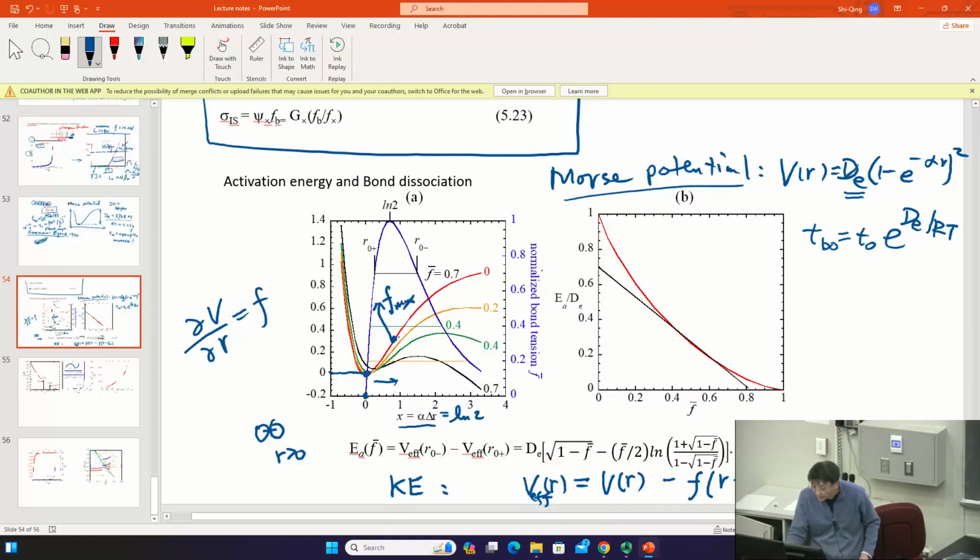Maybe there is a bit of detail I will skip, but generally, if you have a force trying to stretch this carbon-carbon bond, I can characterize that force by normalizing it with the maximum. Then I can make such a plot. This maximum force has a meaning that will become clear very soon.